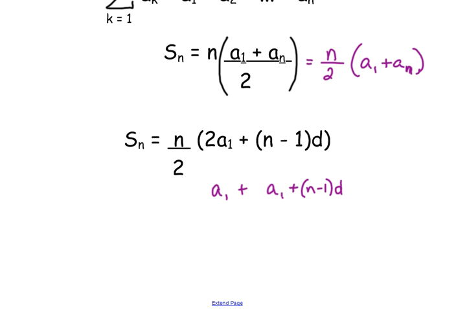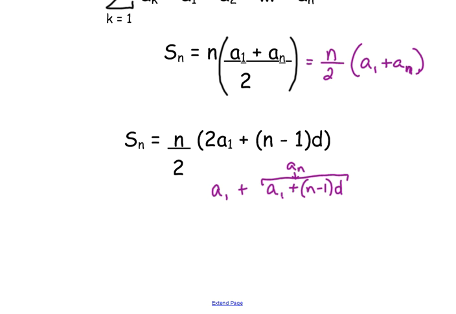That's all it's doing. This is A sub n right here. That's all that other formula is doing, okay? So you've got 2 A sub 1s. That's all this other formula is. So that's why this formula is not on your formula sheet, okay? Because you can find the nth term if you know how many terms, the first term, and the common difference. All right. Any questions so far?